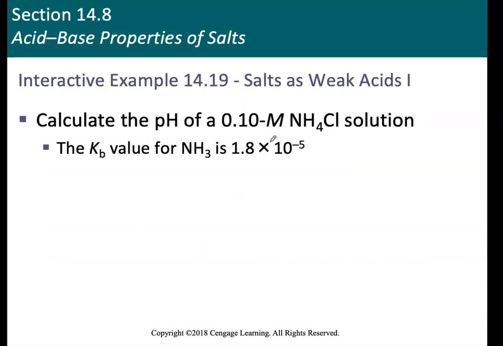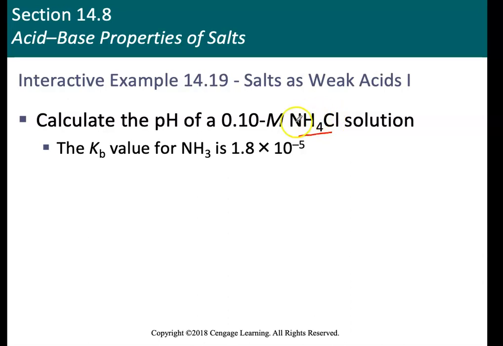Okay, calculate the pH of 0.1 molar NH4Cl. Now, if you look at this salt here, it will dissolve completely to give you concentrations of NH4 plus and Cl minus.